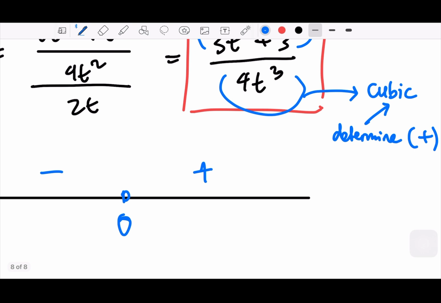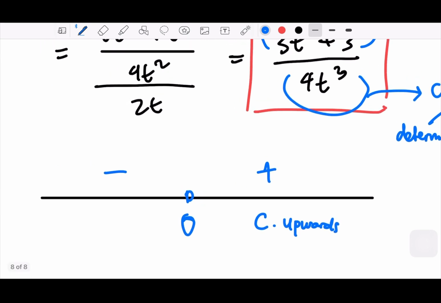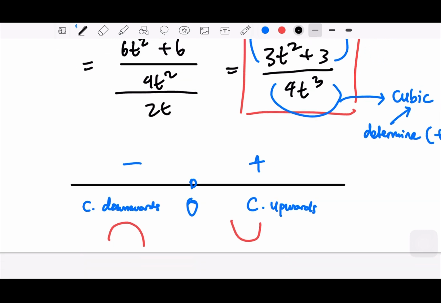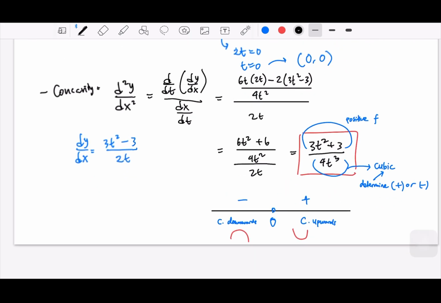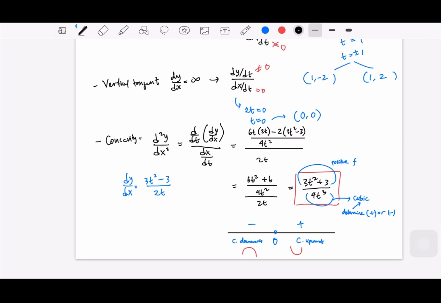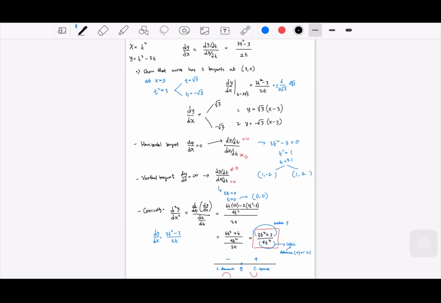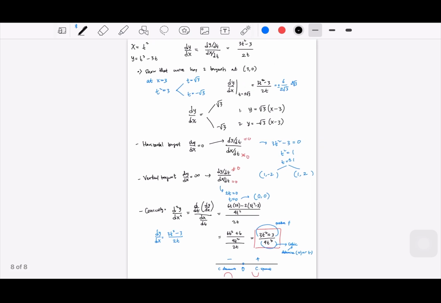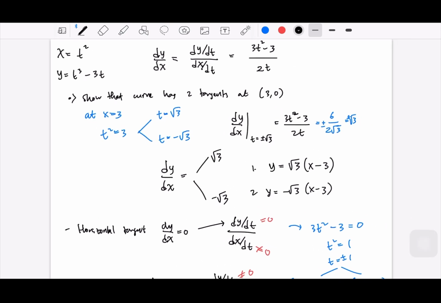When we have positive in the second derivative, we know that this will be concave upwards, and if negative, it will be concave downwards. Okay, so quick review for the second derivative. Now from here we can draw the curve. I want to draw in here, but let me make it smaller.